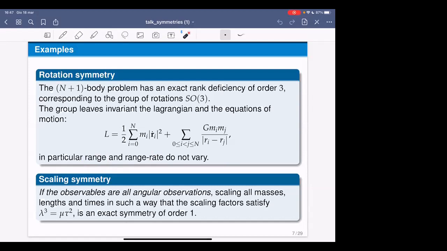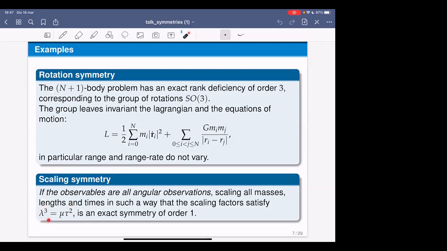A second example of symmetry is the so-called scaling symmetry. If the observables are all angular observations, and I'm emphasizing this sentence because it is crucial, then we can scale all masses involved in the problem, all lengths and all times, in such a way that these scaling factors, lambda, mu, and tau, satisfy this law, which you might recognize.